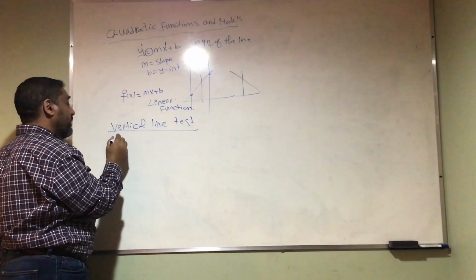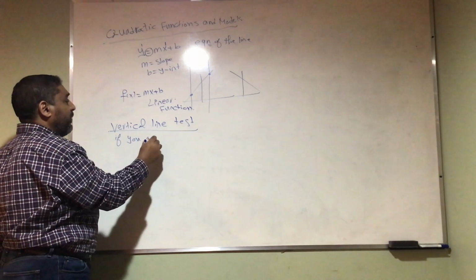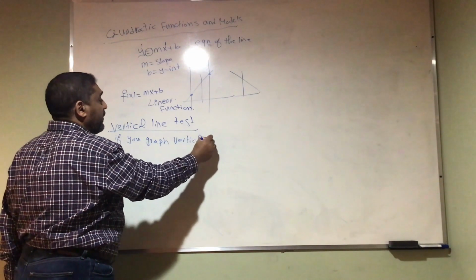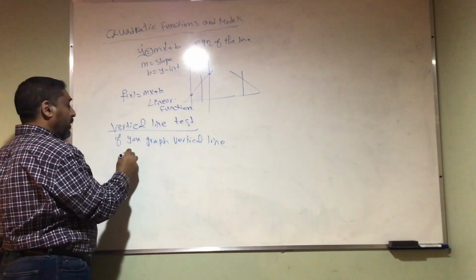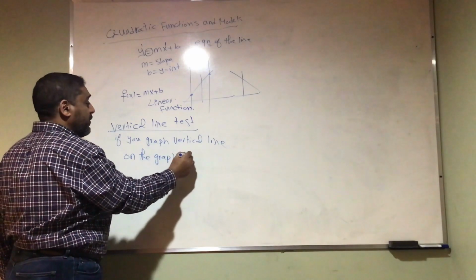So with the vertical line test, you consider a vertical line on the graph of the equation that is given to you.